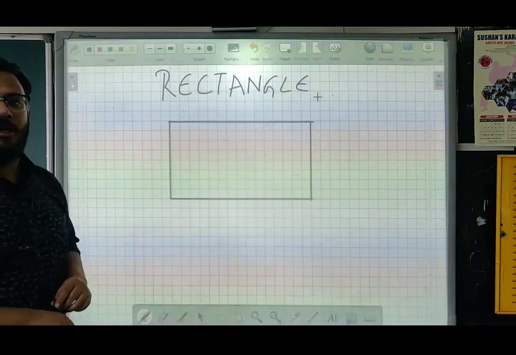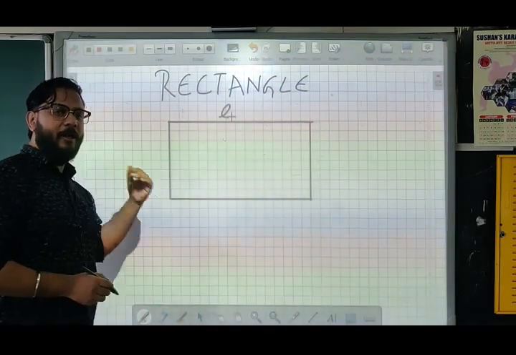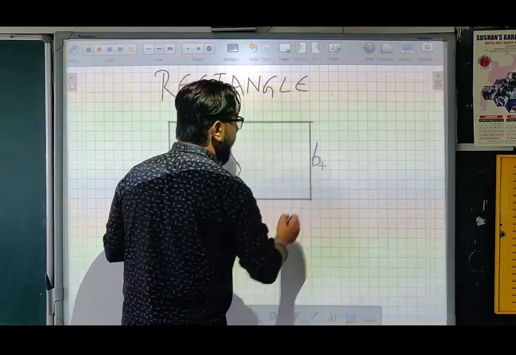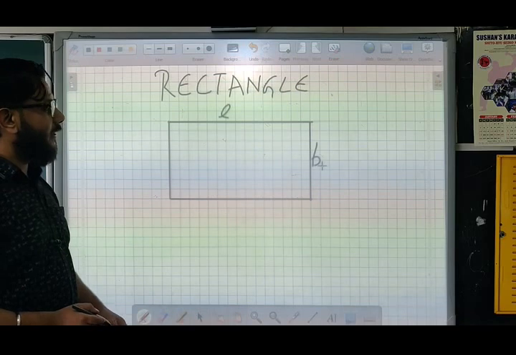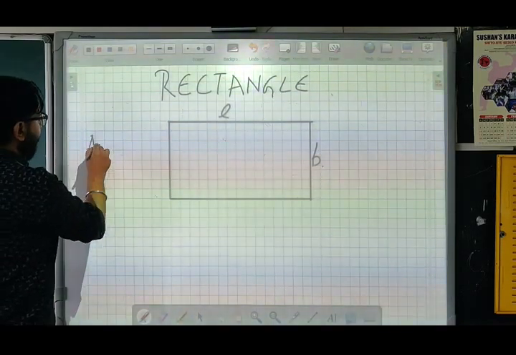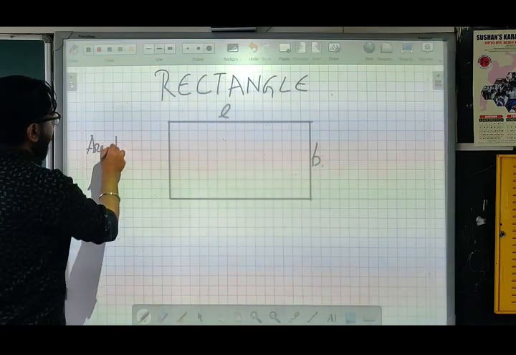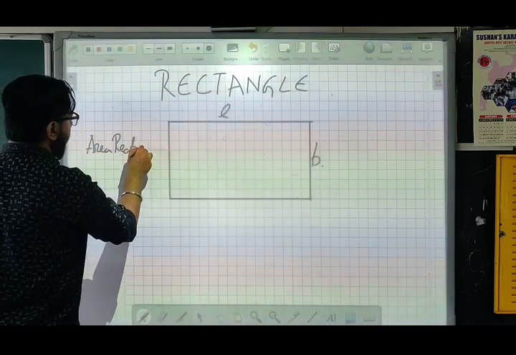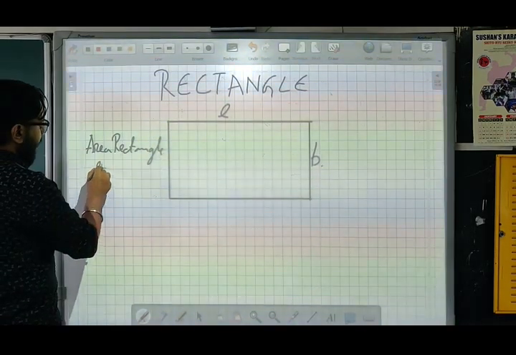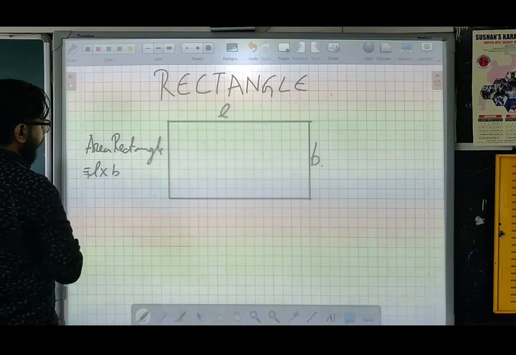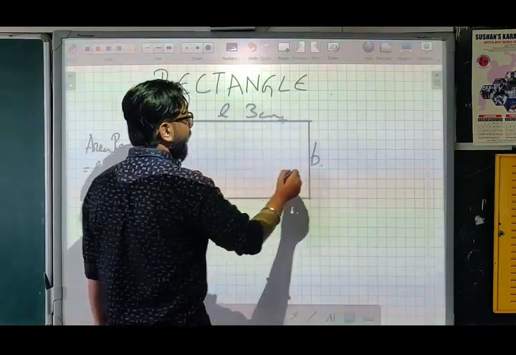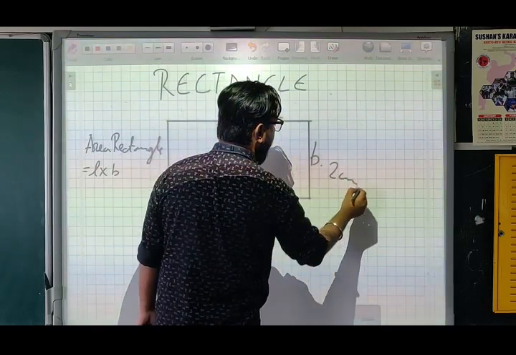Now finding the area of a rectangle. In a rectangle, the longer side we take as L and the shorter one as B. L stands for length, B is breadth. So the area of a rectangle is L into B. Let's say your length is 3 centimeter and your breadth is 2 centimeter.